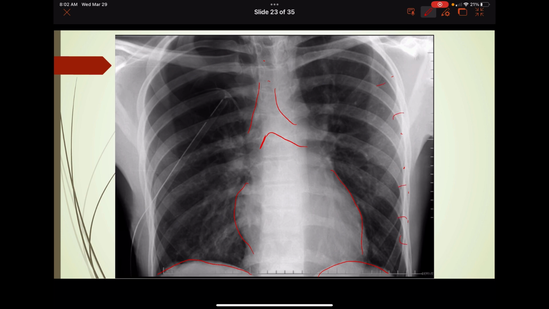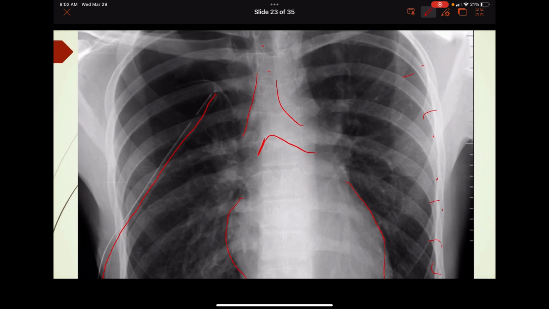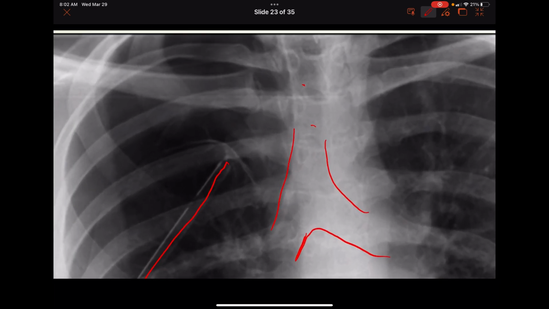But here on the patient's right side, you can see a chest tube here. And if you blow this up so you can see lung markings here on the patient's left. But the right side is totally devoid up here of any lung markings. And you can see the pleura right here.